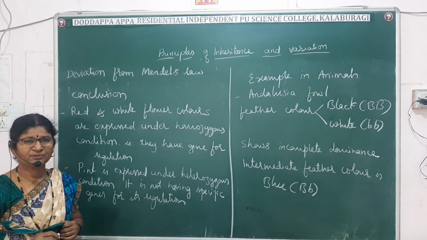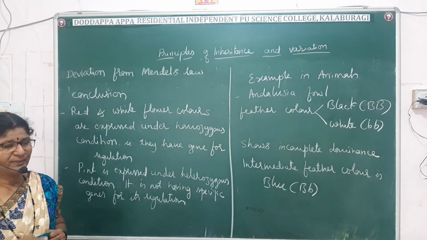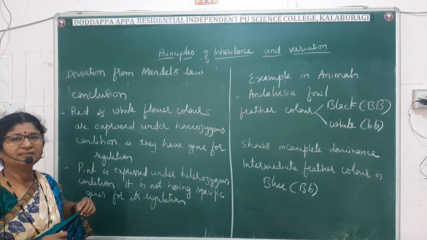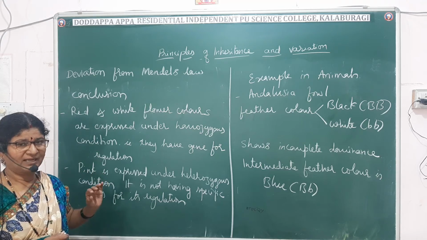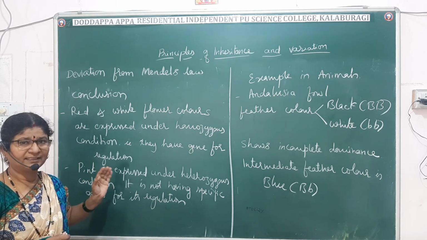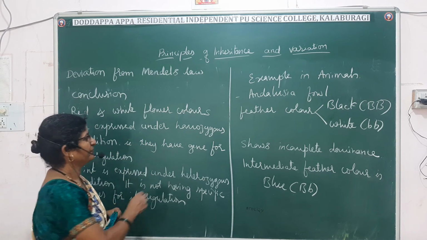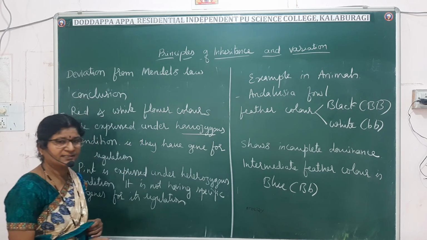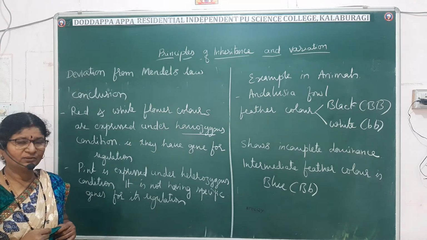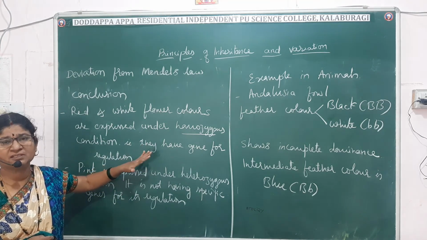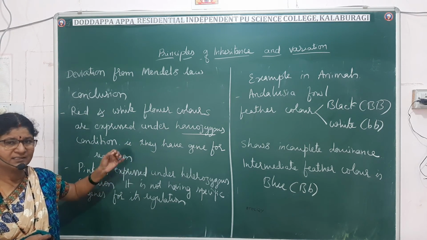Now let me tell you the conclusion of incomplete dominance. You have seen that the flower colors red and white are both expressed under homozygous condition, and for their regulation they have specific genes, that is capital R and small r.